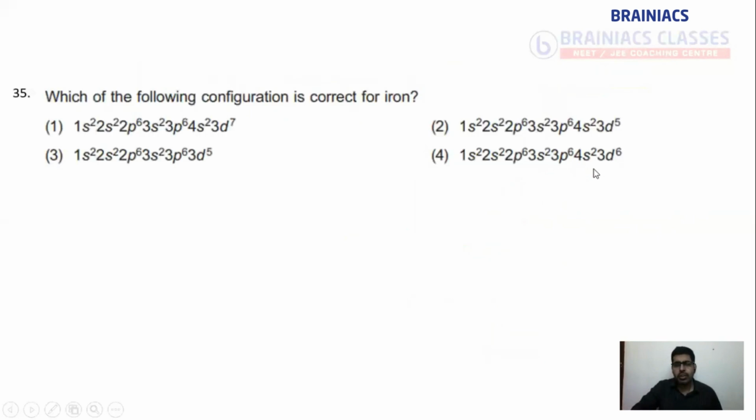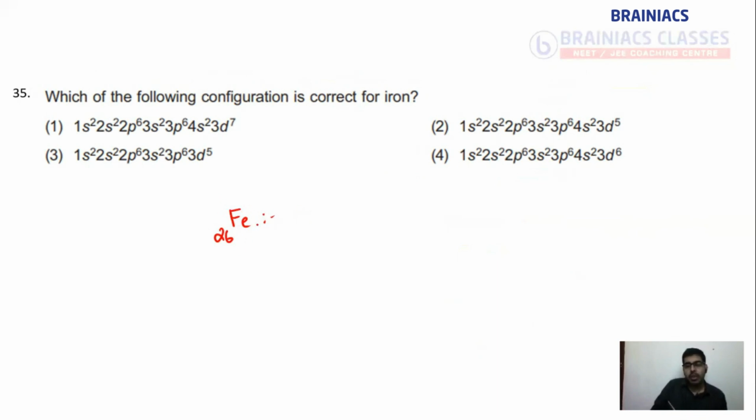Next question, question number 35. Which of the following configuration is correct for iron? Now we know that iron is having atomic number 26. Already taught you in the theory part when we discussed atomic structure.